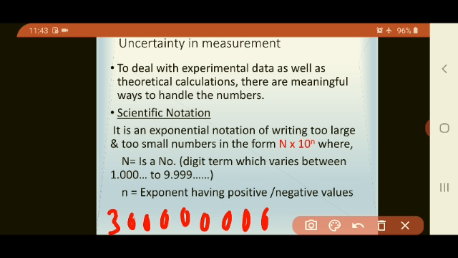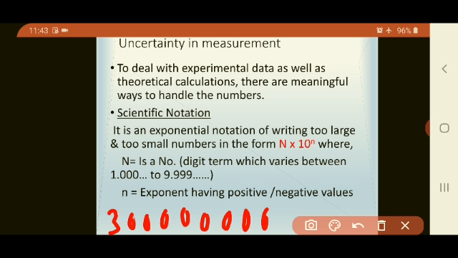Now, if such large numbers or small numbers are there, is it possible every time to write such numbers? It is very funny to write such numbers or to count the zeros, but when we are doing some mathematical operations on such numbers, it is really challenging, is it?